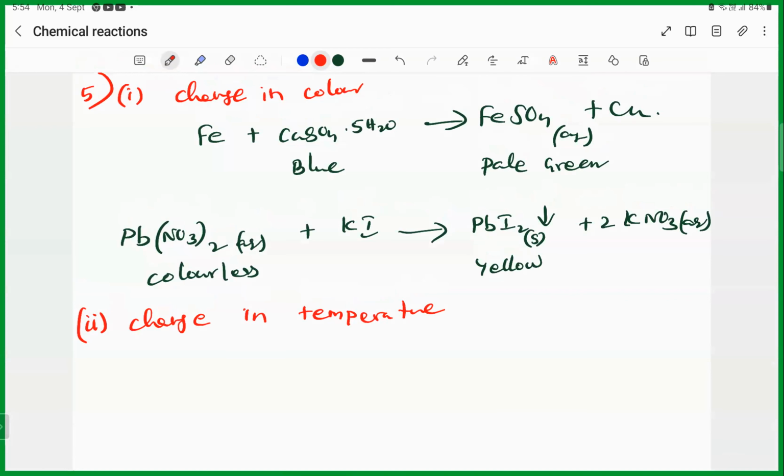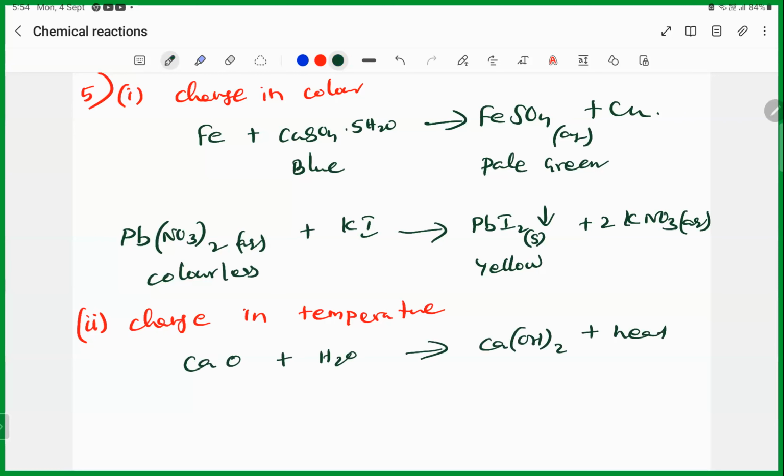So it will form calcium hydroxide plus heat energy. Okay. Good. Quicklime என்ன? Calcium oxide plus water gives calcium hydroxide plus heat.